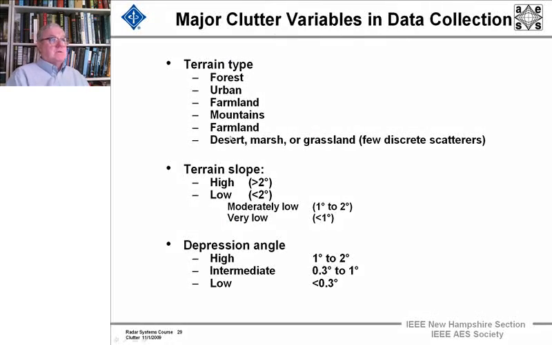Now that was just general rural sites. If you look at the terrain types, we can break that down into forest, urban, farmland, mountains, farmland again, desert, marsh, or grassland with few discrete scatterers, and break it down to terrain slopes greater than 2 degrees, less than 2 degrees, moderately low 1 to 2 degrees, and very low, less than a degree, and depression angles high, intermediate, and low.